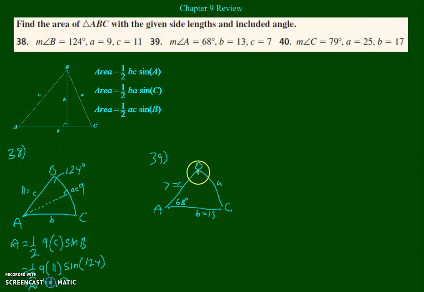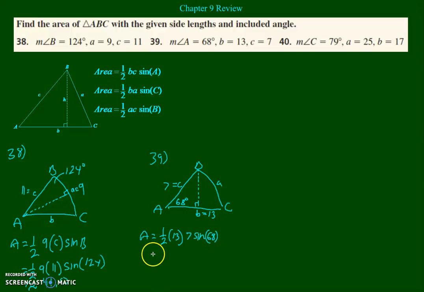So I'm going to use this as a height, and the formula I'm going to have is the area is going to equal 1/2 base, which is 13, times C sine A. This is our height, so it's going to be 7 times the sine of 68, 7 sine 68, using this form up here.